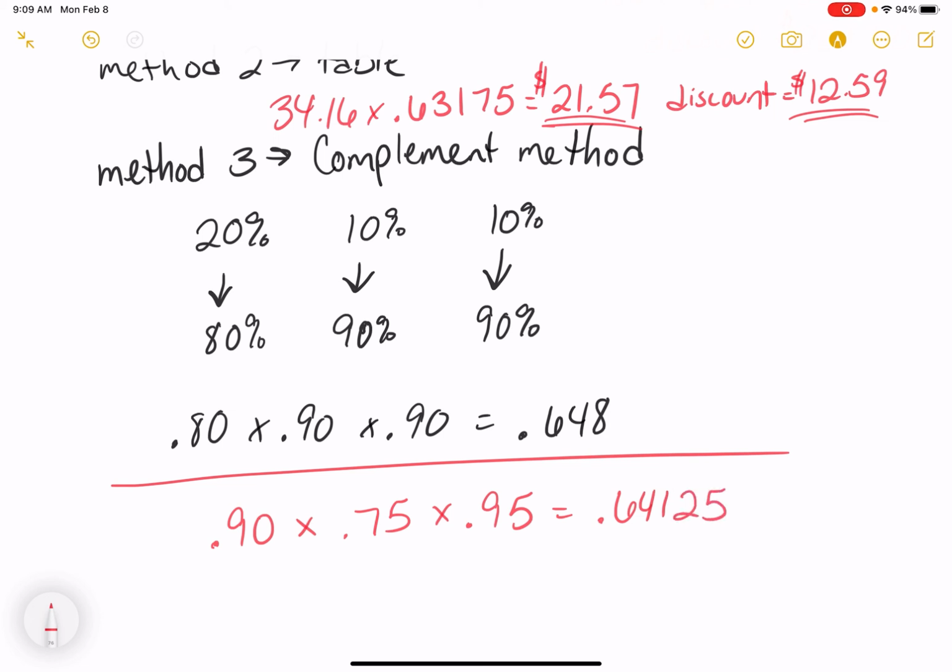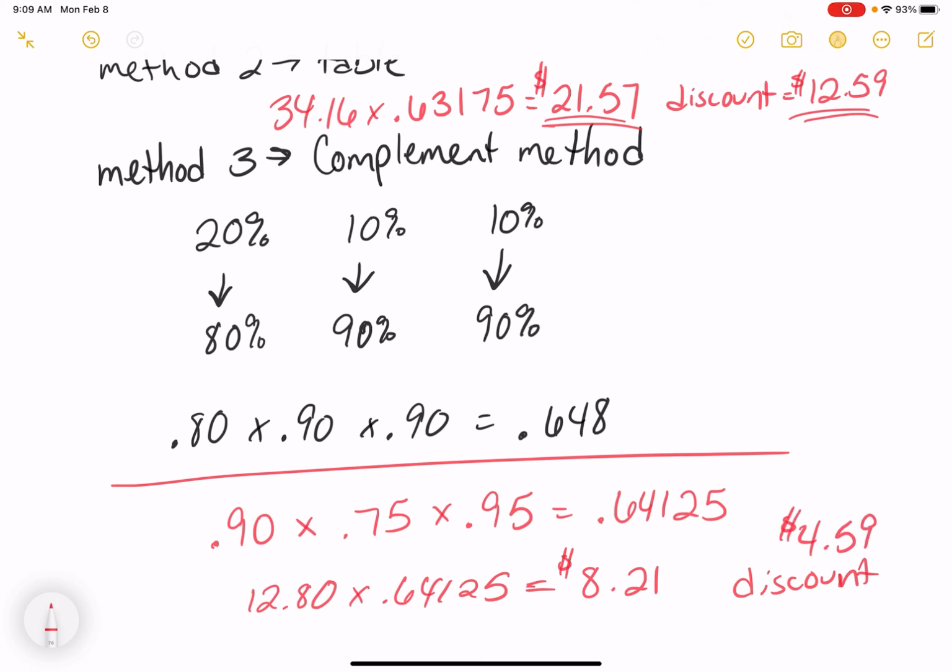And for this complement method to work, you do have to keep all of those numbers. Okay, so we take that times the list price of $12.80. $8.21. Yep. Okay, so then the discount is $4.59.